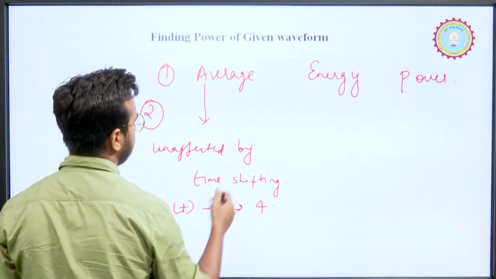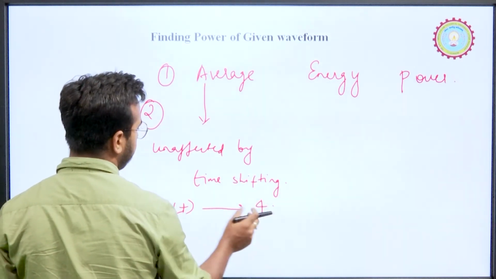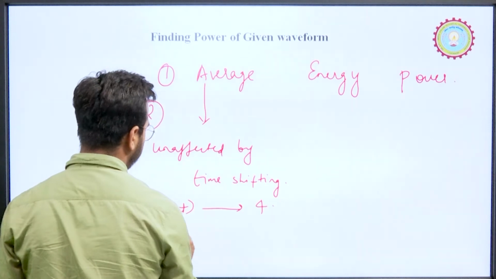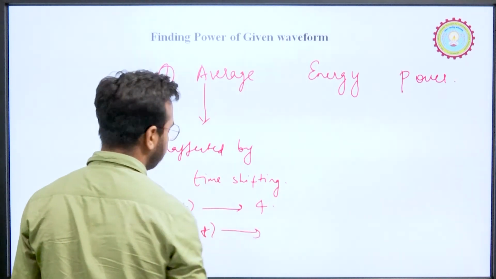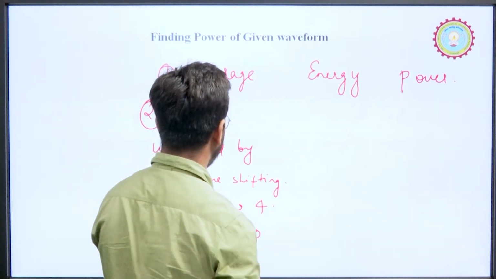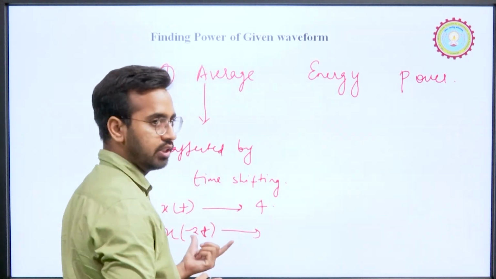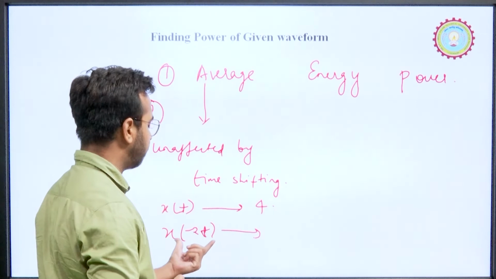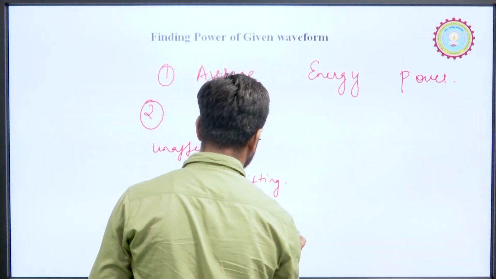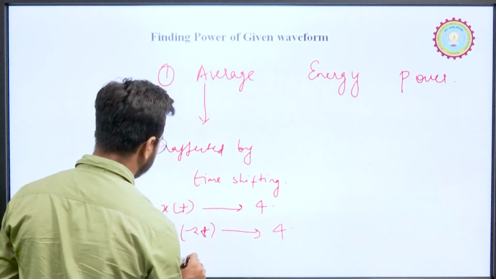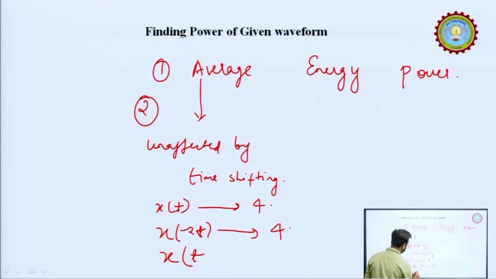Suppose x(t) has average 4, and you are given the mathematical form and you are required to find the average, energy or power. Suppose a signal x(t) is given with average value 4, and you are required to find the average of x(-2t). As you know, the average is unaffected by time scaling, so the average will remain the same. Again, if someone asks you x(t-2), what is the value of this average?